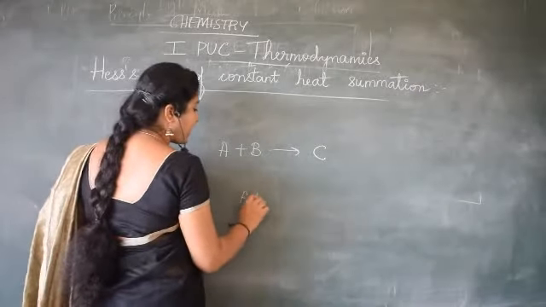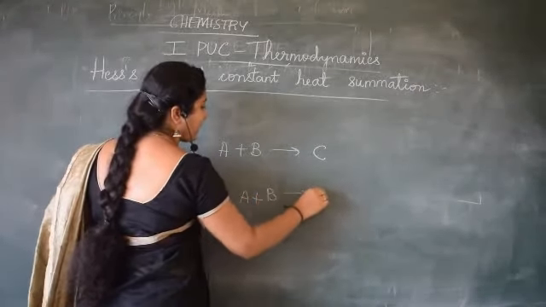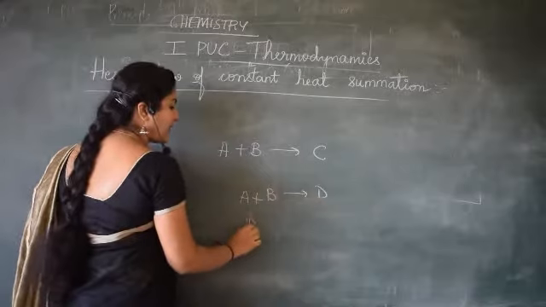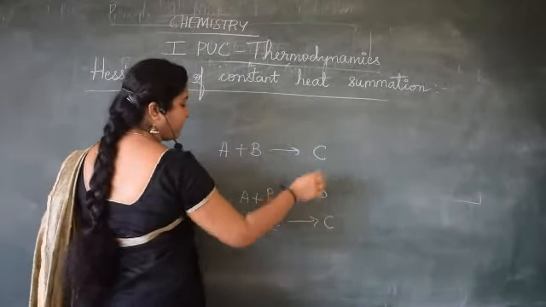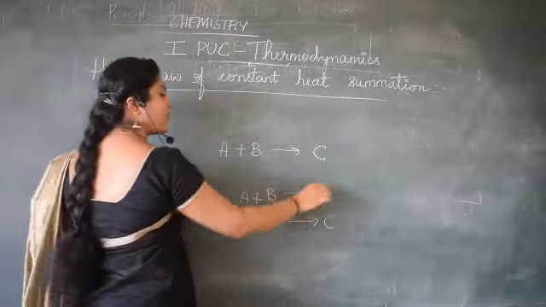If it takes place like this, first A plus B reacts, it forms D. Then this D will react with E and then it forms the product C. This is a two-step reaction.